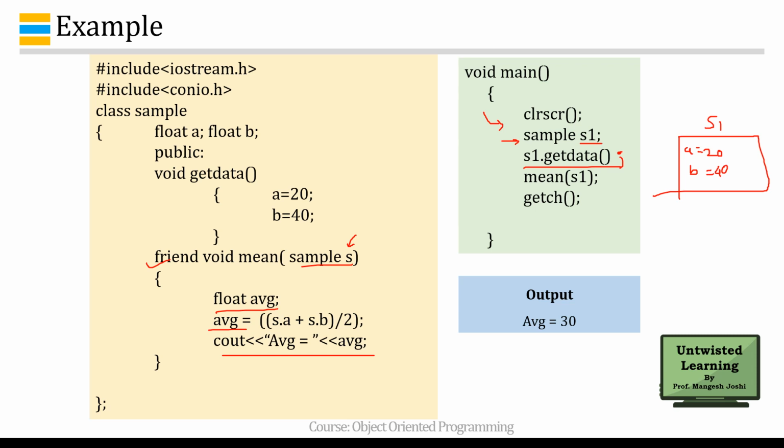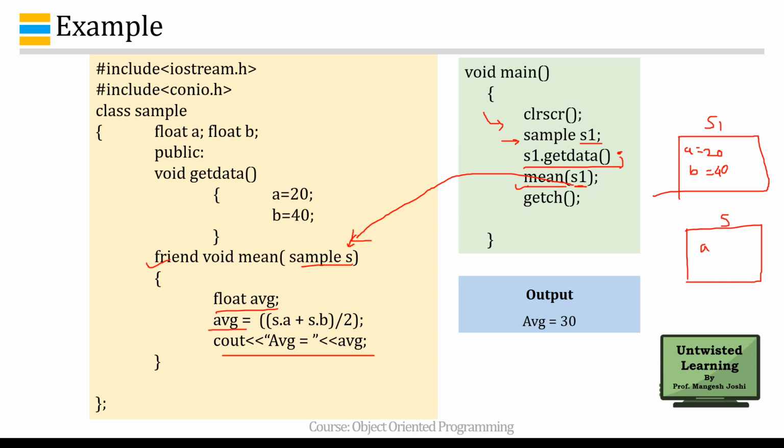Now in this step, since it is not a member function, you have to call it directly without using the object name. So mean, and in round brackets s1. Basically we are passing this s1 object to the s object. The content of the s1 object will be copied into the s object, right?